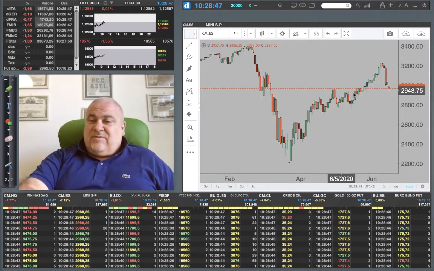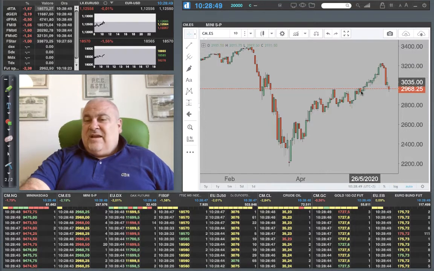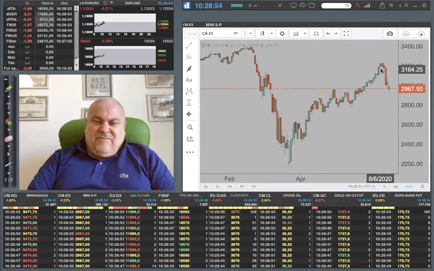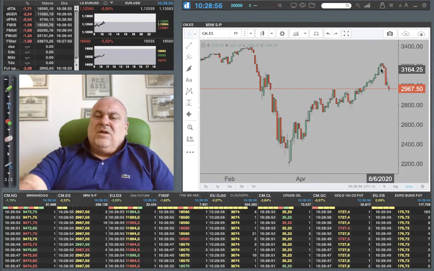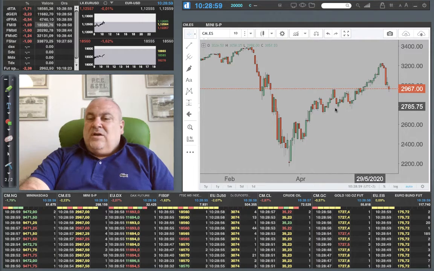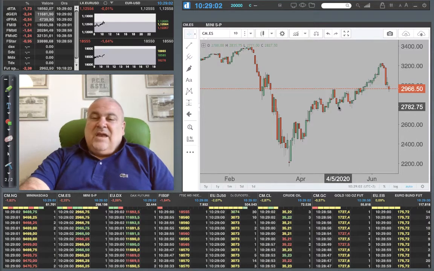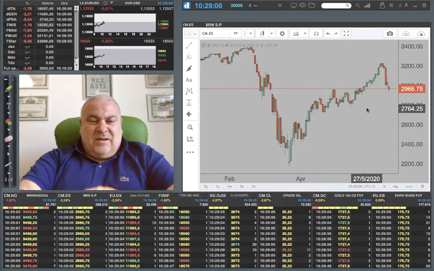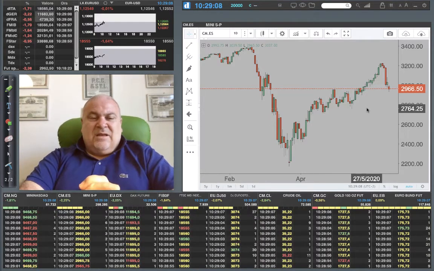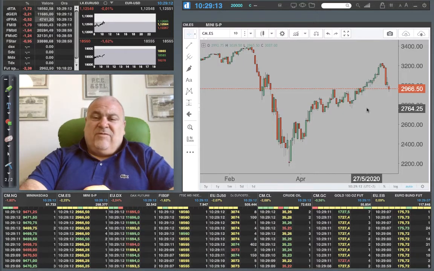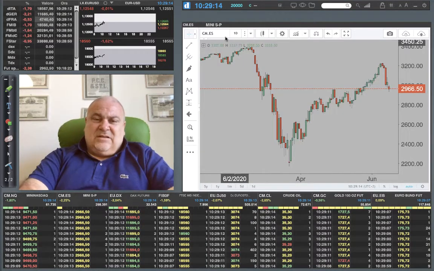That was a support that was violated here, and then the market went along for a very strong upside. So we can expect 2,965 or 2,780 to be the two main supports that the market will find on its way if it continues to go down as it is doing.